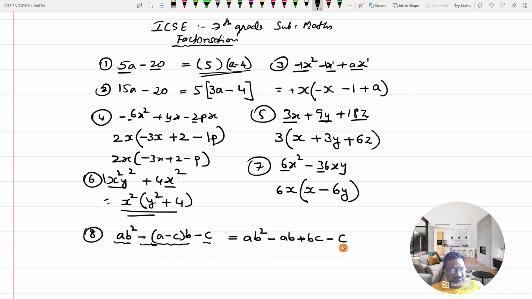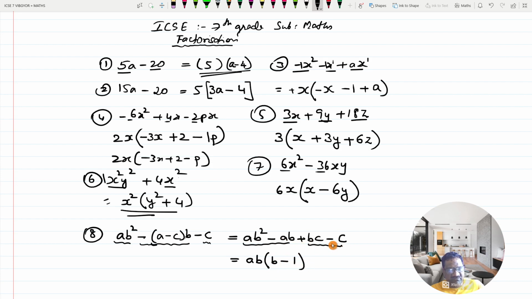So now I get 4 terms. Now out of these 4 terms, I am going to choose two terms at a time. Let me choose these 2 terms and let me see what I can remove common from the first 2 terms. So from the first 2 terms, I can remove AB as common, and I'll be left with, in the bracket, just a B, and here I'll be left with minus 1.